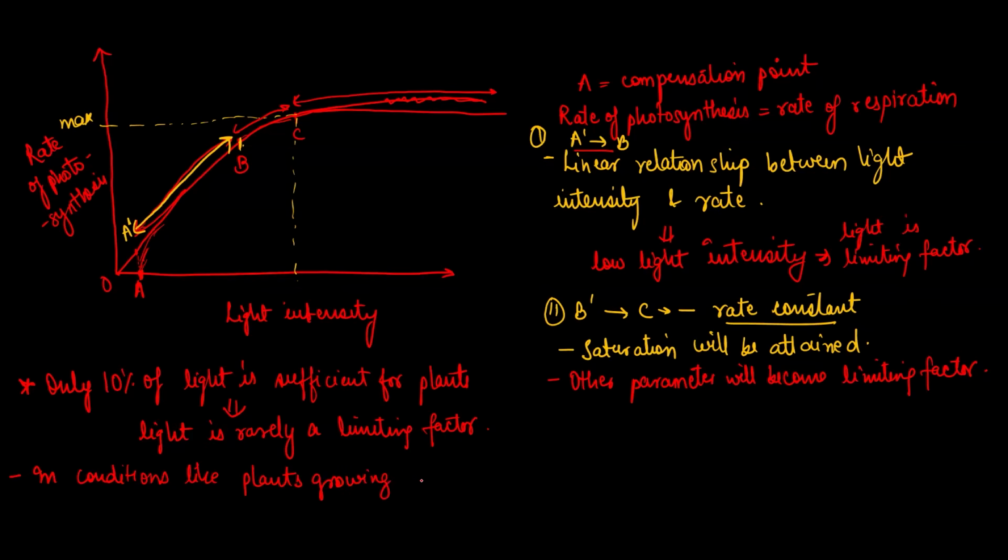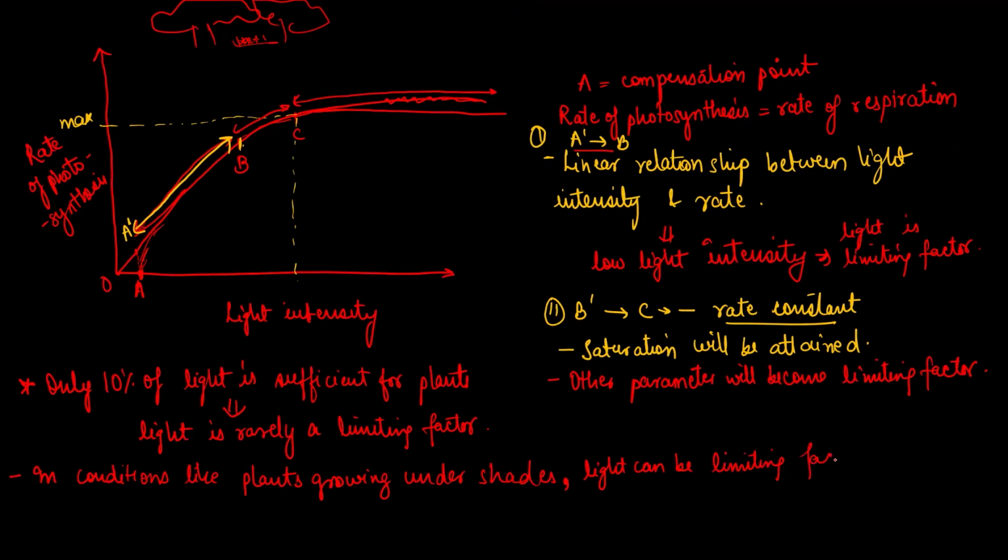For example, you have a garden with a large number of trees. If a plant is growing below them, it will not receive light. So for these plants, light will be a limiting factor.